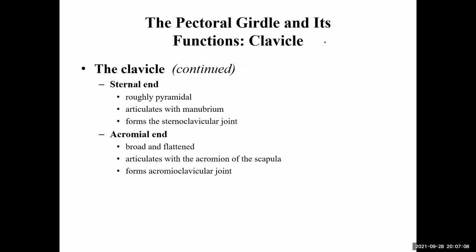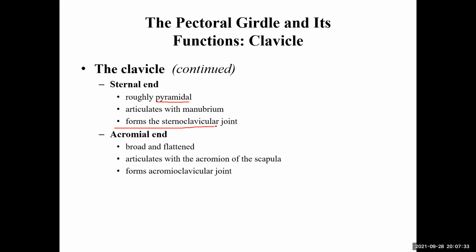So the clavicle, again, we're going to refer to it by some of the regions on the bone. The end that's closest to your sternum is called the sternal end. That end looks like a triangle or pyramidal, and it forms the sternoclavicular joint.